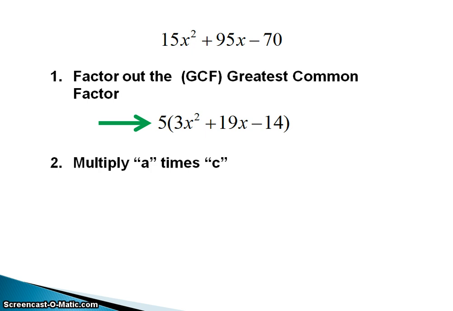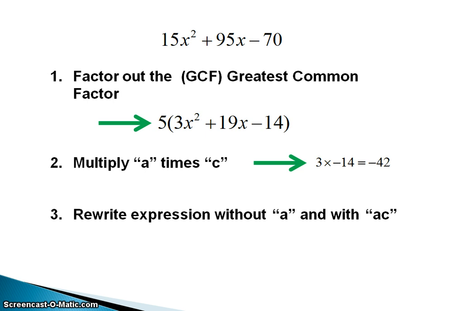The next step is to multiply the value a times the value c. So a is 3 and c is -14, so let's multiply 3 times -14 and we end up with -42. The third step is to rewrite this quadratic expression inside the parentheses without the a and with the ac.